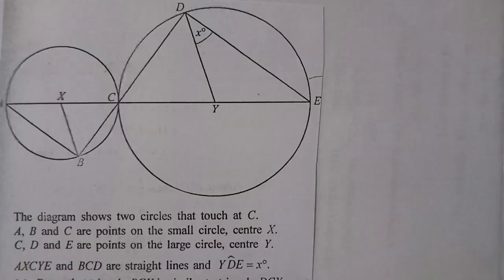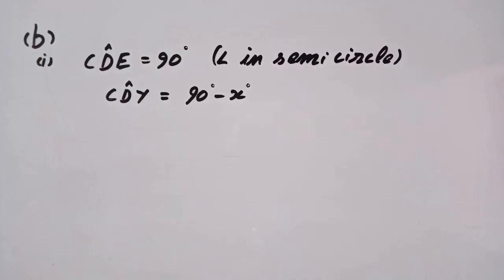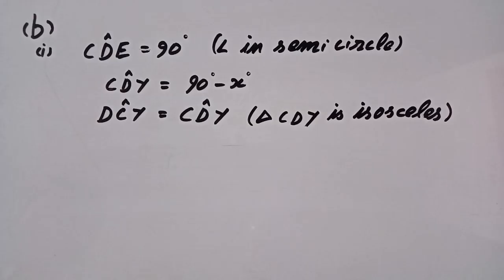Angle CDE equals 90 degrees because it is the angle in the semicircle. So CDY equals 90 minus x. Angle DCY equals the angle CDY because the triangle CDY is an isosceles triangle. So the angle DCY is equal to 90 minus x.